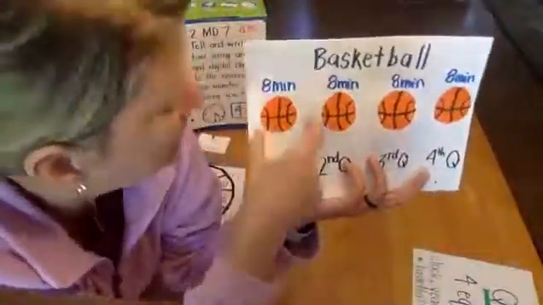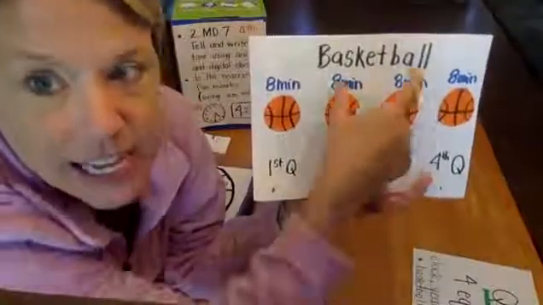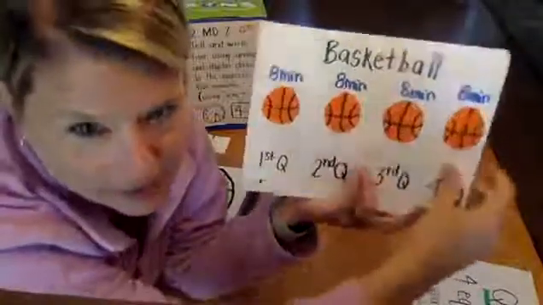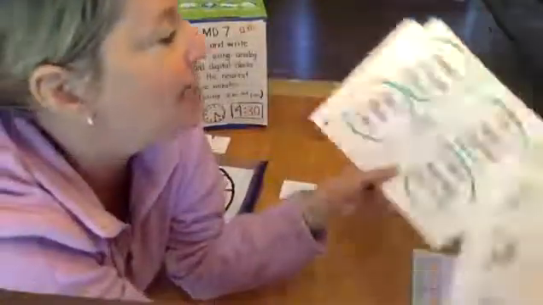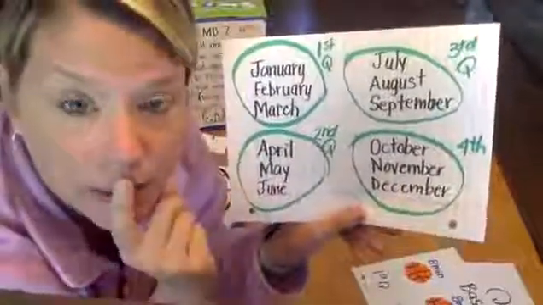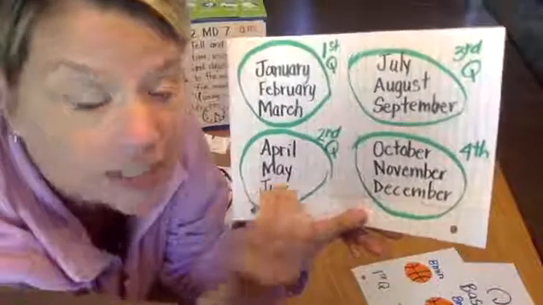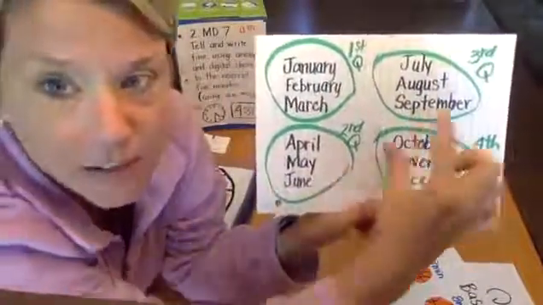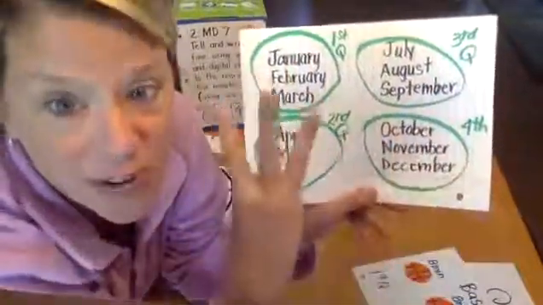The first quarter has 8 minutes, 8 minutes, 8 minutes, 8 minutes. In the year, we have 12 months, but how many months do we have in each quarter? The same amount each time, 3.